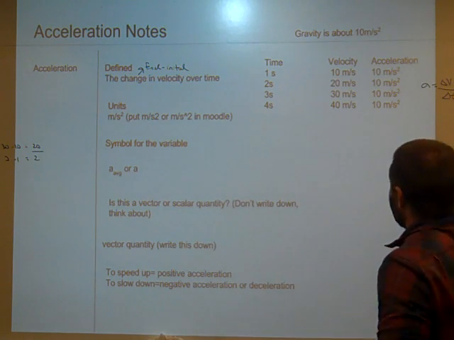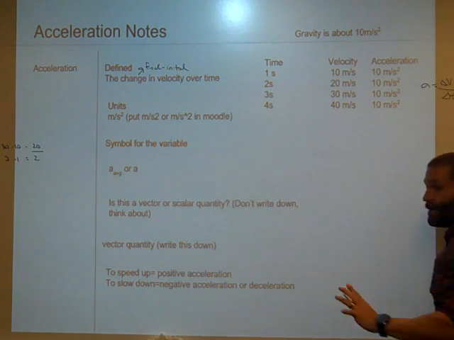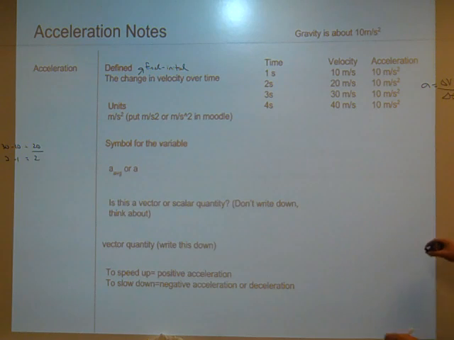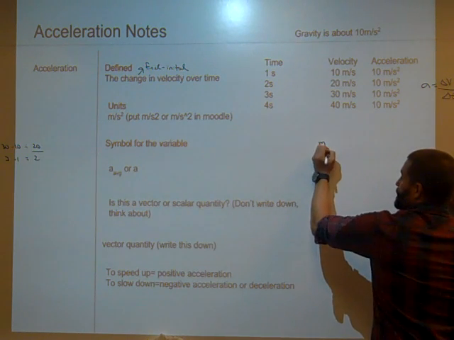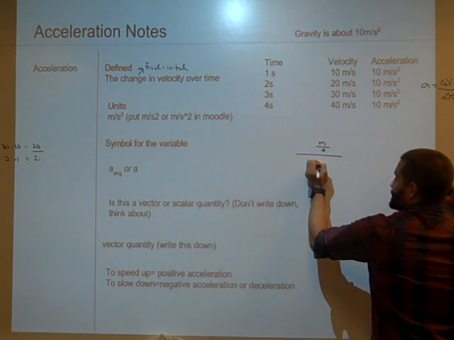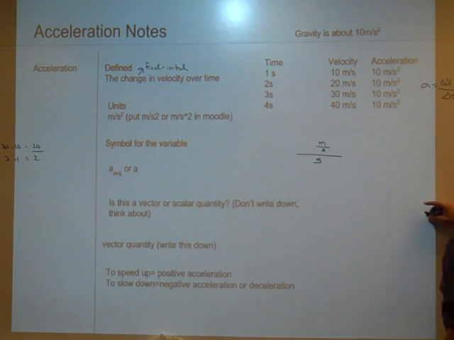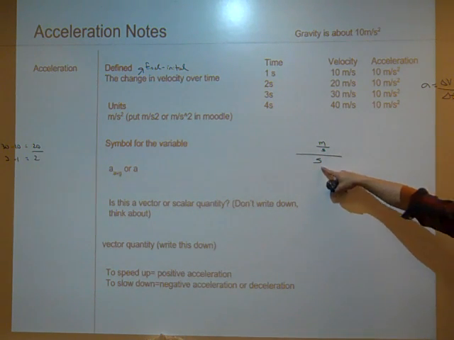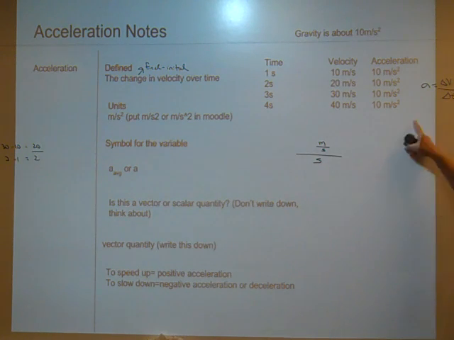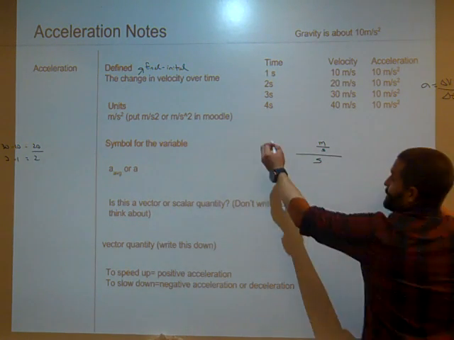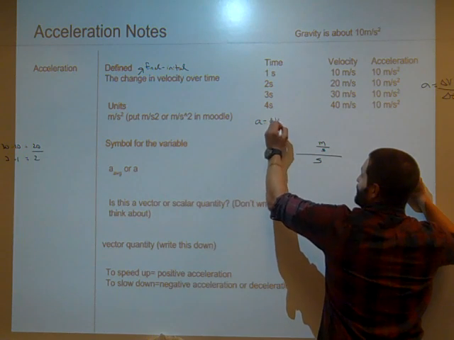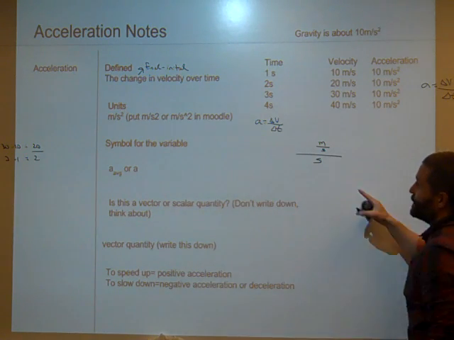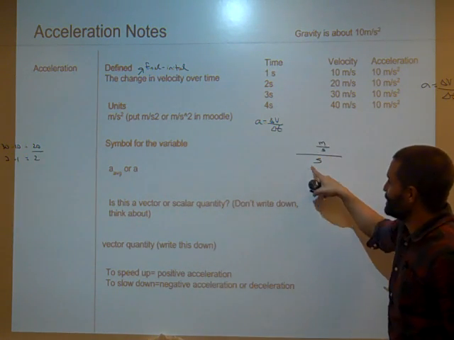So how does this work algebraically? Now, if what I'm doing right now doesn't make sense algebraically, don't freak out. These are my units, right? So velocity's units are meters per second. Time's unit is seconds. I just realized this is probably off the chart. Let me write this down real quick for the video. All right, I realize that that's not even on screen. So velocity is here, time's units here.